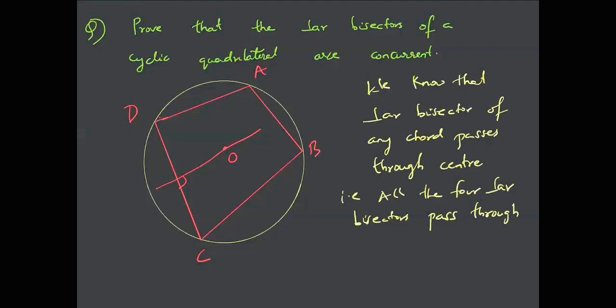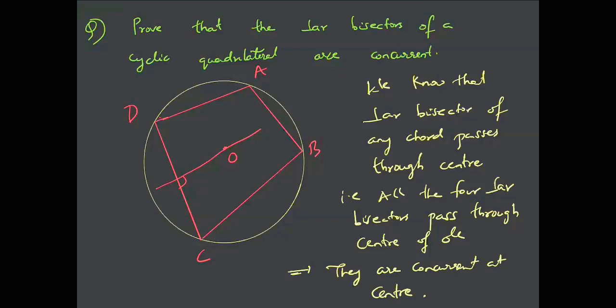So all the four perpendicular bisectors pass through the center of the circle. So this means they are concurrent at the center. Fine. So the perpendicular bisector of any chord will definitely pass through the center of the circle, and so all the four perpendicular bisectors are concurrent at the center of the circle.